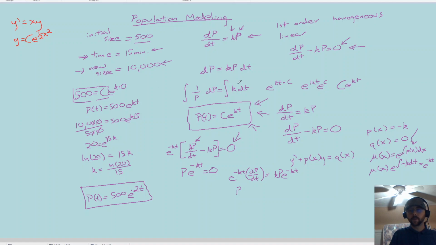So this would be our specific solution to the differential equation that we set up from the problem, which was dP over dt equals kP. We can graph this solution, but we can also graph the family of solutions represented by P of t equals C e to the kt.